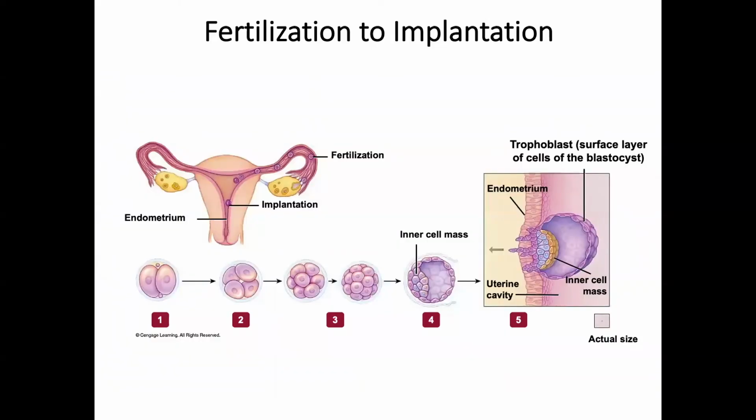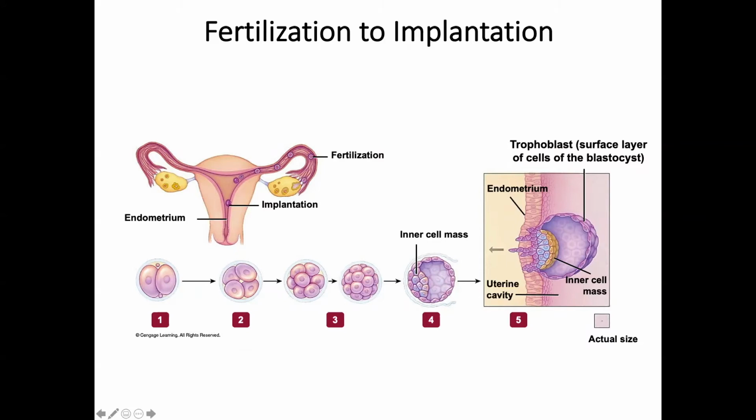Okay, now let's see the next stage, from fertilization through implantation. The zygote keeps dividing until the blastocyst forms, shown in this step. When the blastocyst travels to the uterine cavity, it starts the process of implantation to the surface of the inner layer of the uterus, which is called the endometrium.